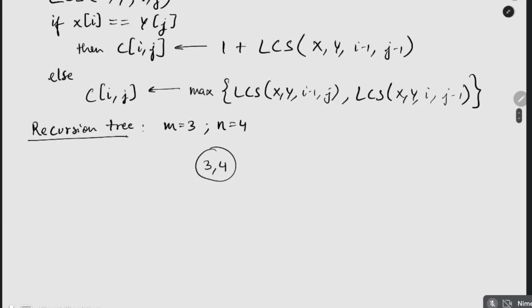If they are equal, then of course we are going to look for 2 comma 3. And if they're not equal, then we are going to look for either 2 comma 4 or 3 comma 3.